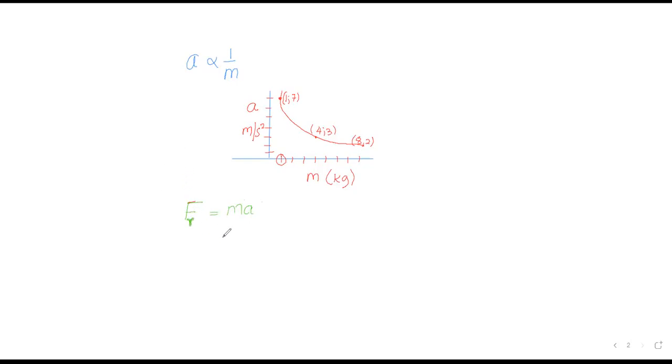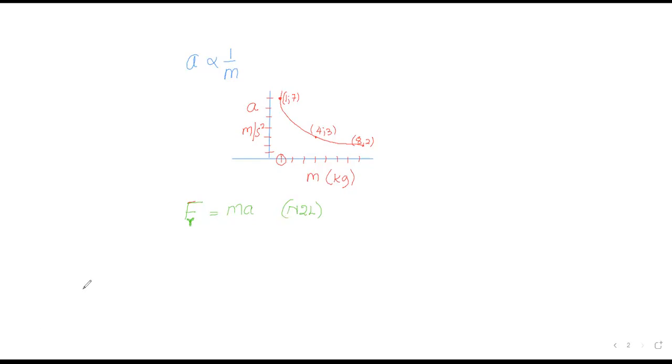The resultant force is equal to MA, and this constitutes Newton's second law of acceleration.